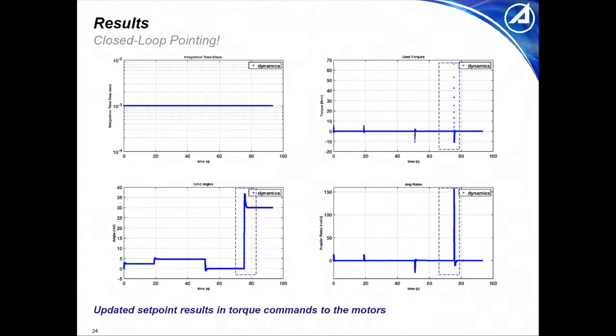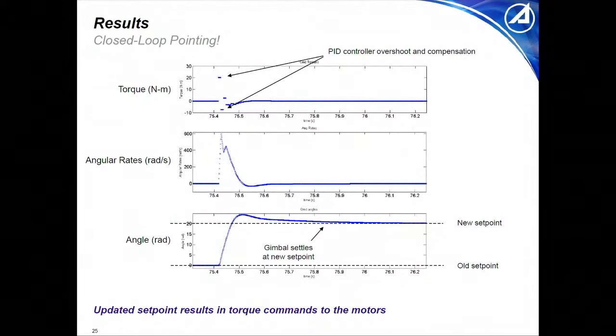The control software executed its algorithm correctly. We could send new set points. So a new set point was sent around here. You can see the control software, I think it's just a PI loop, overshoot, and come back down to the new set point given encoder measurements from the 6DOF model.